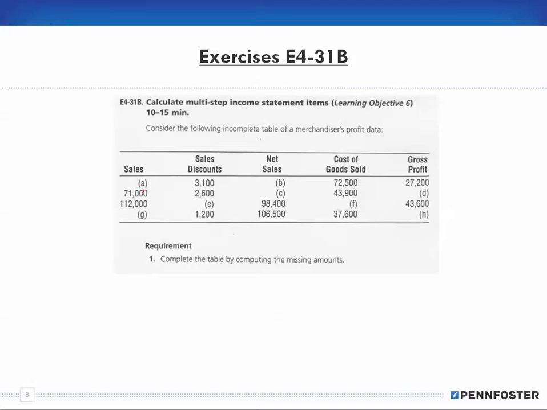All right, so for sales, on letter A, what do we have? Well, let me just look across here. We have sales, discounts, then net sales, a cost of goods sold and a gross profit. So basically they're giving you this information in a horizontal format, meaning left to right, versus a vertical format, up and down.